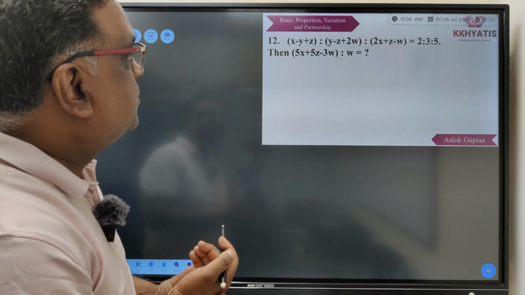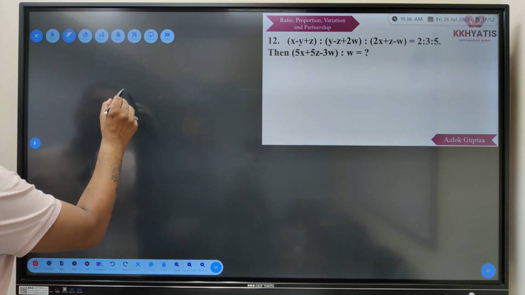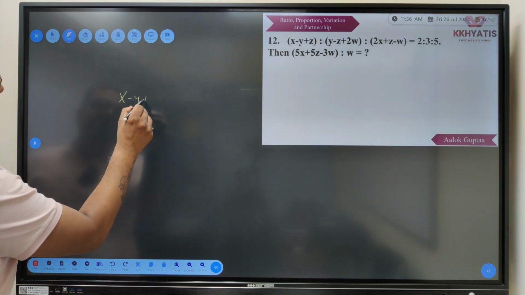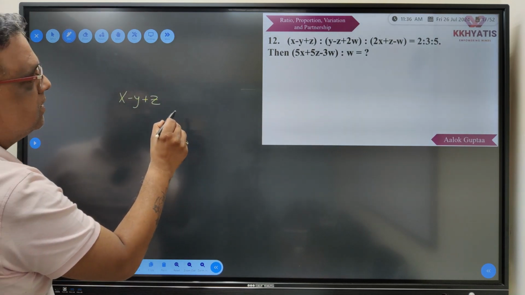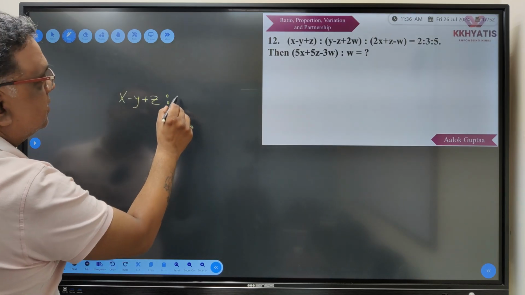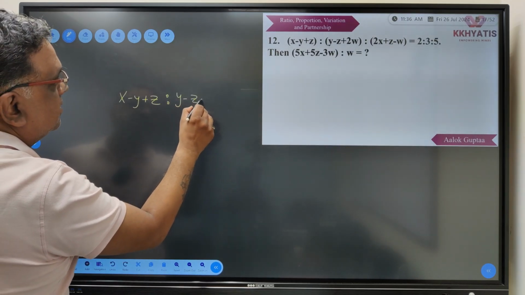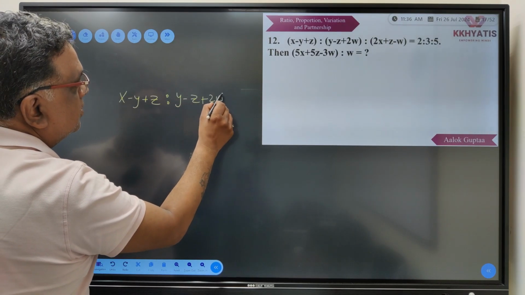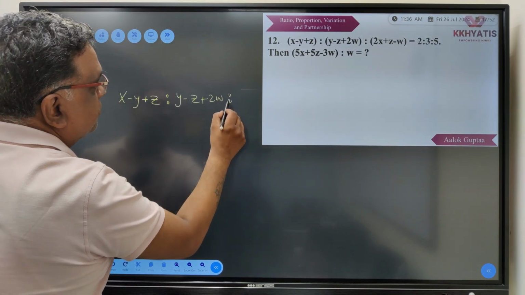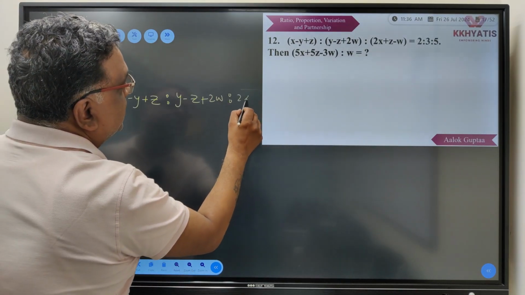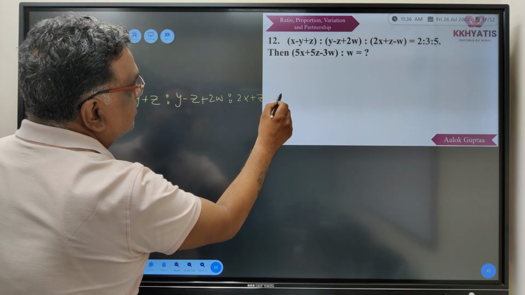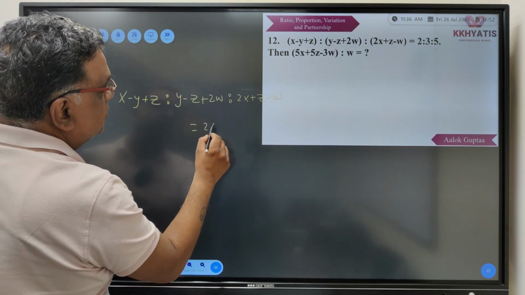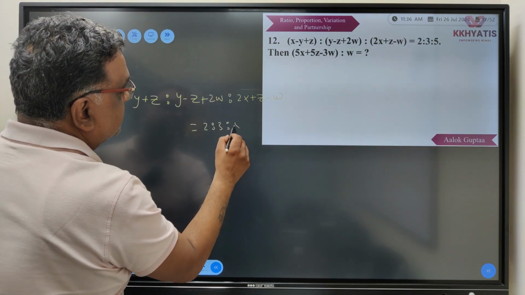Similar kind of sum, so let us understand this also. We have been given the ratio of x minus y plus z with y minus z plus 2w with 2x plus z minus w as 2 is to 3 is to 5.